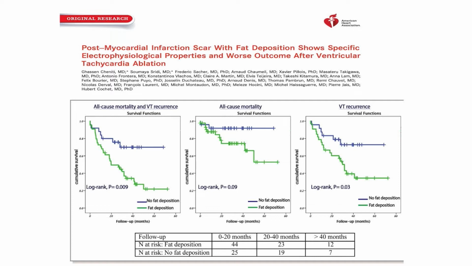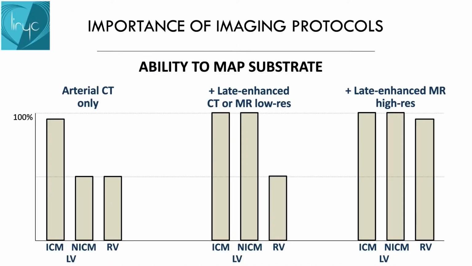And you can appreciate that it's completely different and that fat carries a poor prognosis in itself. It also works individually for all-cause mortality and for VT recurrences, which are way more frequent in case of fat infiltration in the scar.